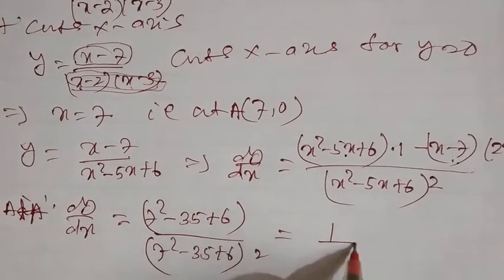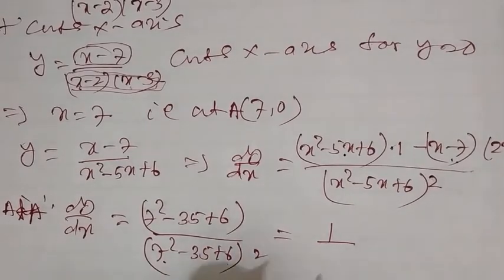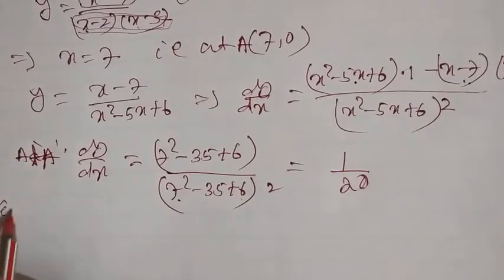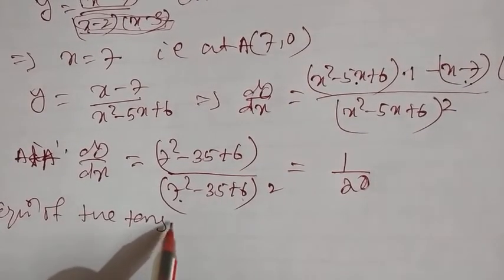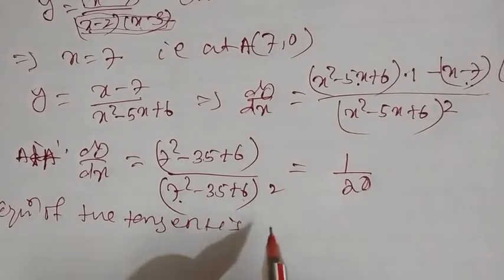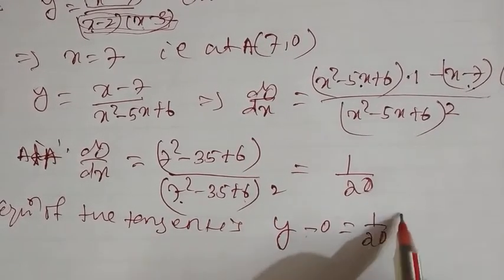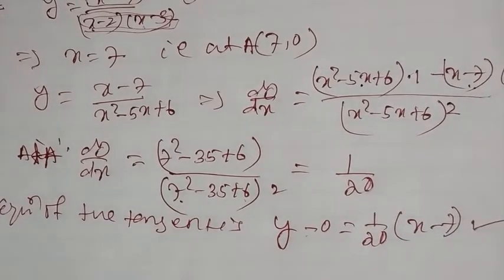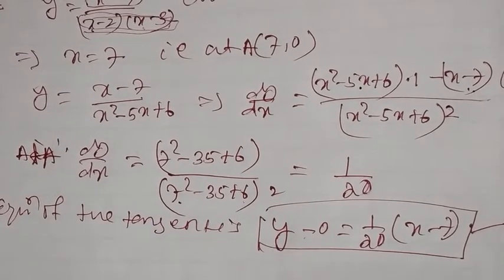It is 1 by 49 plus 6, 55 minus 35, 20. Then the equation of the tangent is y minus y1 equal to m, 1 by 20, into x minus x1. You got? Simplify. Ye answer nahi hai. You will have to simplify and get the result.